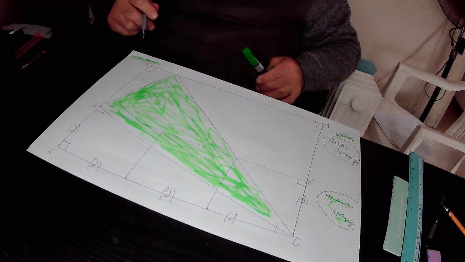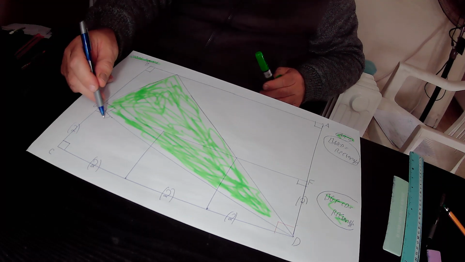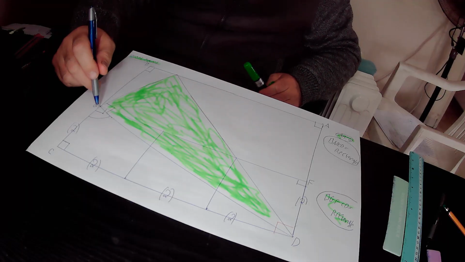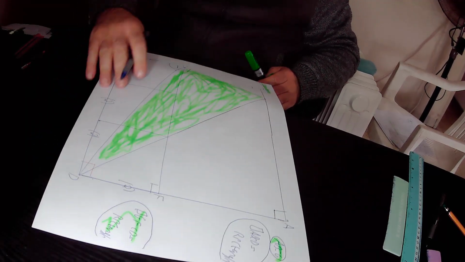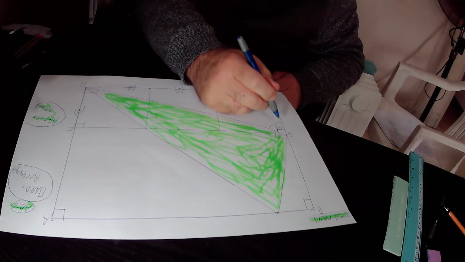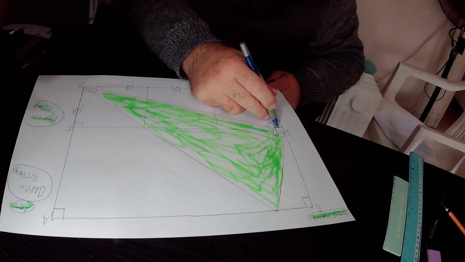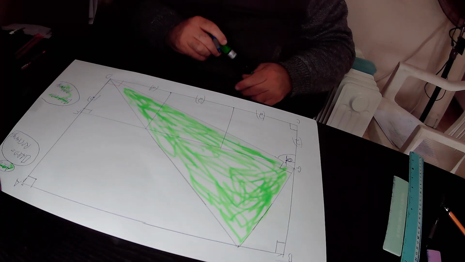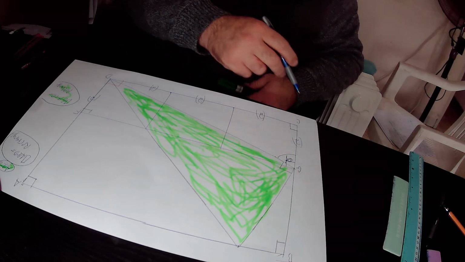In the next step, we define this angle, angle CGD, as alpha. We will focus on BC, which is one side of rectangle ABCD.